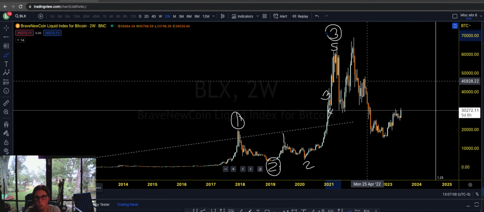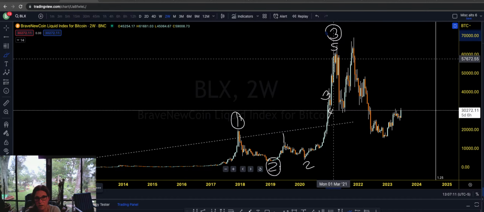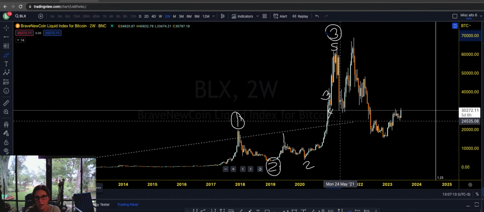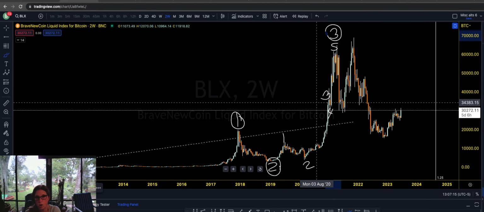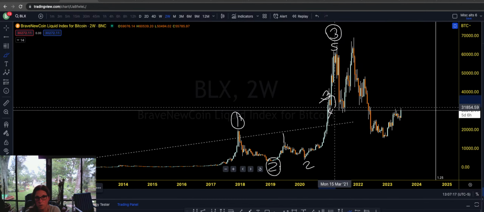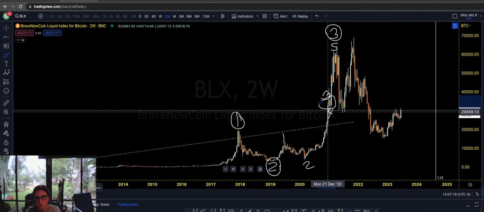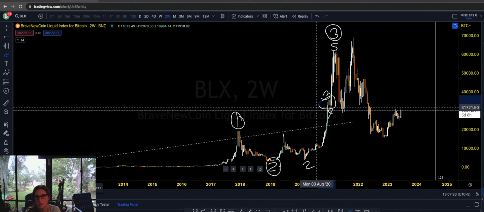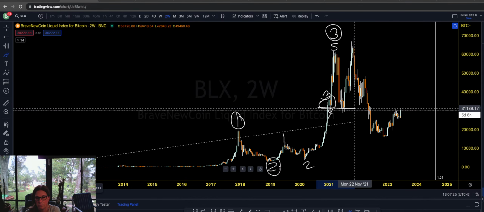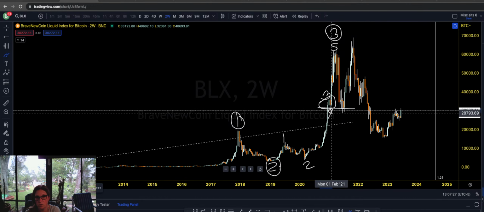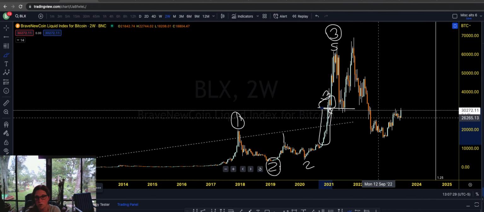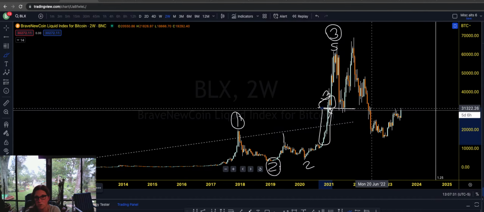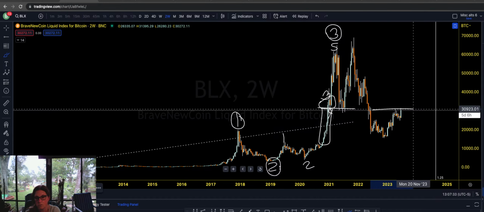Now, also, when you are creating an impulse wave, your main fourth wave, you want to hold support in the smaller degree 3 and 4. Why do you want it to do that? Because if it doesn't, it risks falling through this insufficiency zone, which is what happened over here. You can see we're back testing it now.